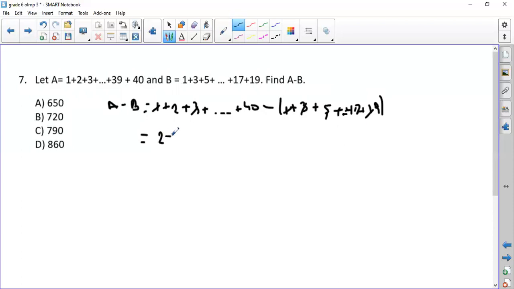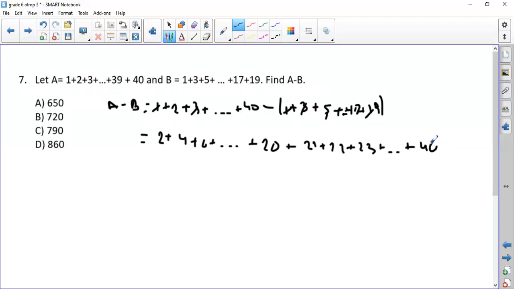So I will have 2 plus 4 plus 6, plus 20 until here. Then I have plus what? 21 plus 22 plus 23, plus 40.